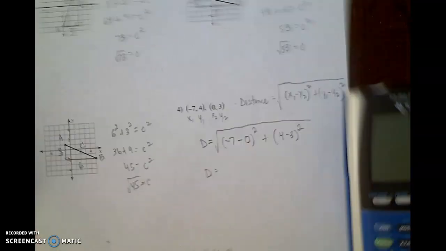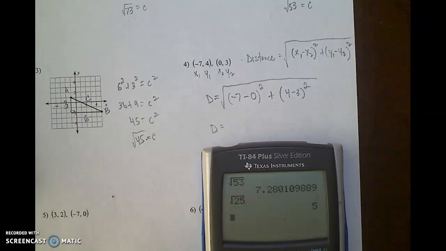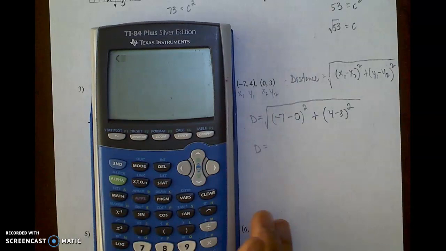Again, this is where we want to make sure we're using our calculator to help us. I want to put parentheses. In parentheses, I'm going to do negative 7 minus 0.